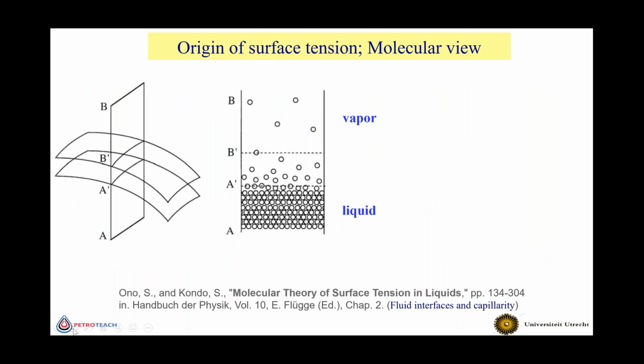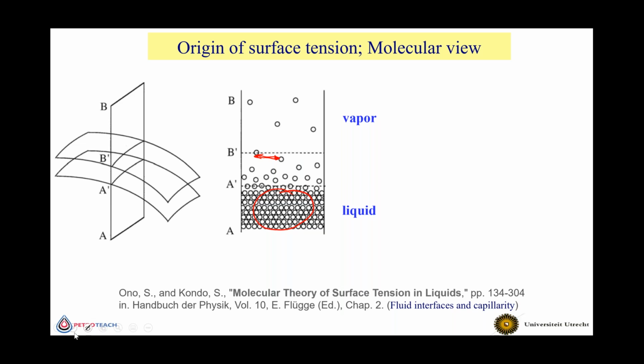Those are the attractive forces. When we go to the interface, the molecules get separated from each other. You see, inside the fluid, the molecules are much closer to each other. Near the interface, as they are in connection with air, for example, or its own vapor, the distance between them is much larger.